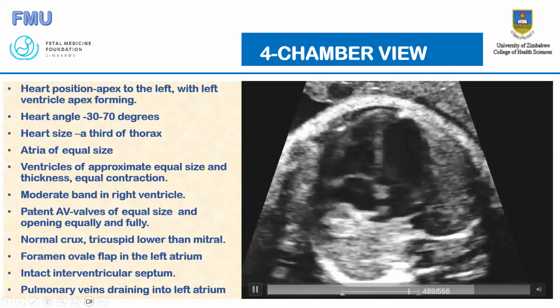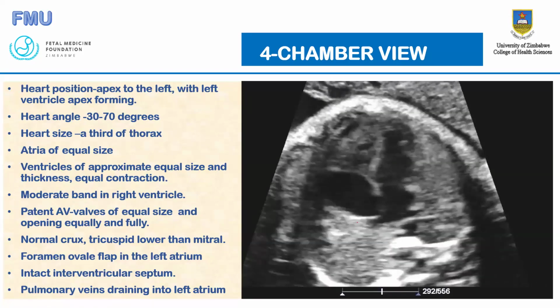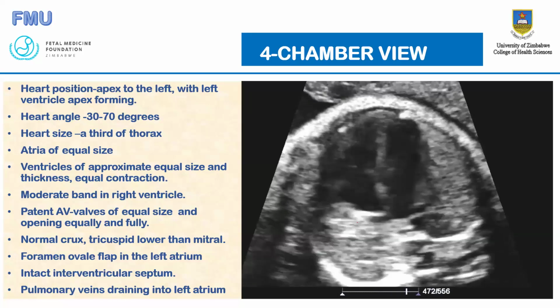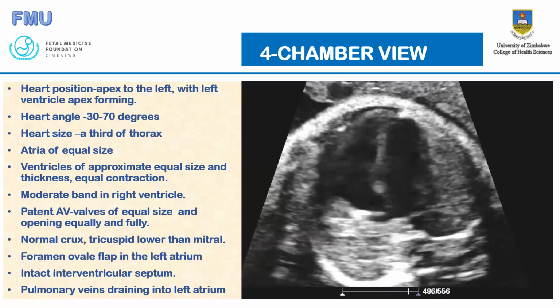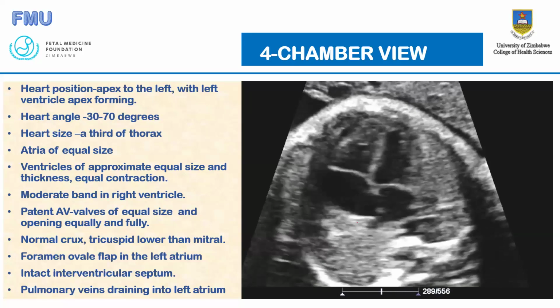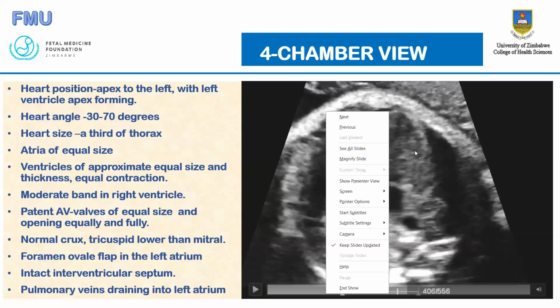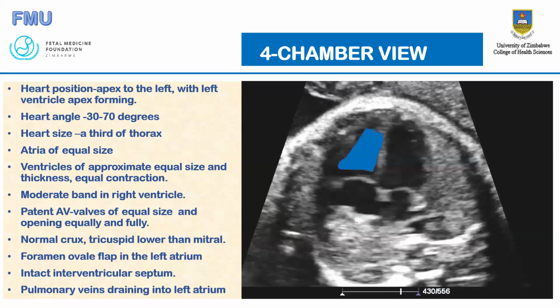4-chamber view. I don't think I should go beyond the 4-chamber view today, because the 4-chamber view on its own is a hell of a lot of information, which I think you may need to try and get today.